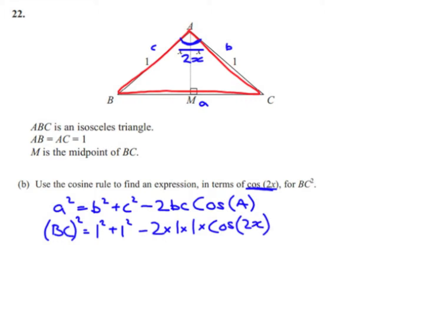Now if we simplify this down, we end up with BC squared is equal to 2 minus 2 lots of cos 2x. And that is our expression in terms of cos 2x for BC squared.